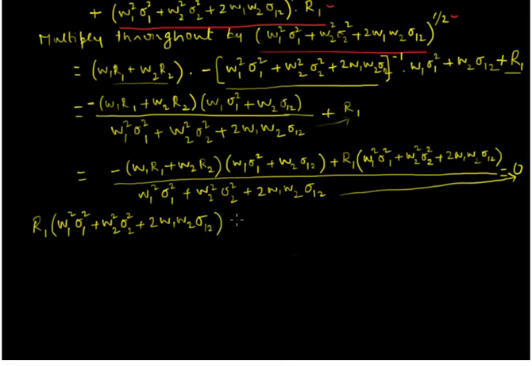And then I'm going to write the negative term, which is the product of these two terms here. So let me write that here. And this is all equal to 0.